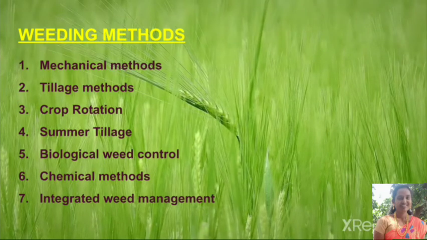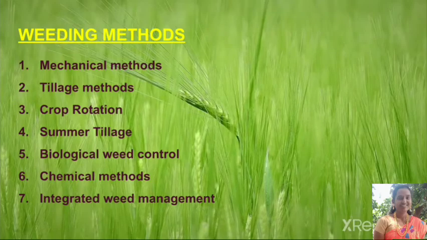Integrated weed management combines different agronomic practices and herbicides used to manage the weeds. Mechanical, biological, cultural and chemical methods are included in the integrated weed management. So that is about weeding.